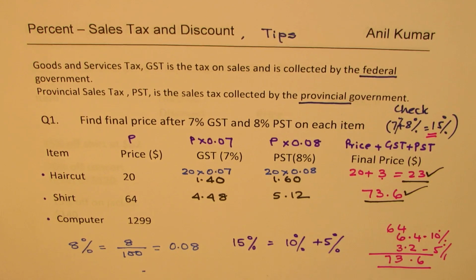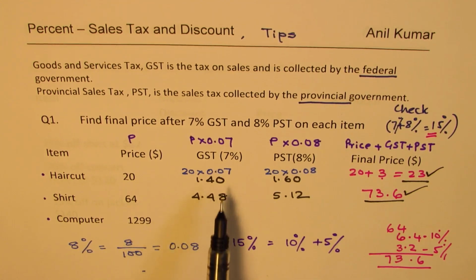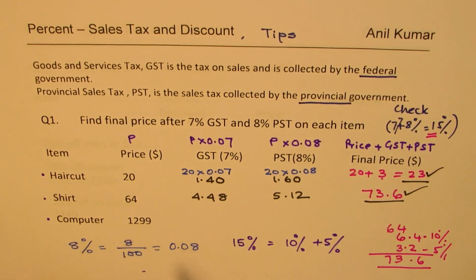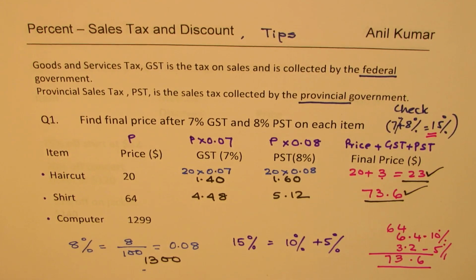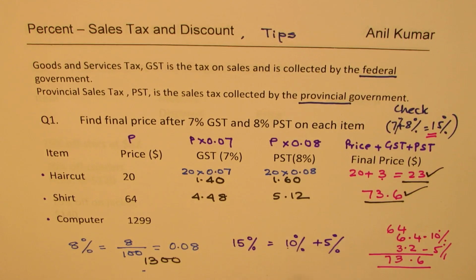Correct? Now, I would like you to pause the video and calculate the values for computer, which is $12.99, right? If you need to estimate, you can round it to $1,300 and estimate. Perfect. It will not be a bad idea, right? So $1,300 with 15% will be what? We'll split into 10 and 5.